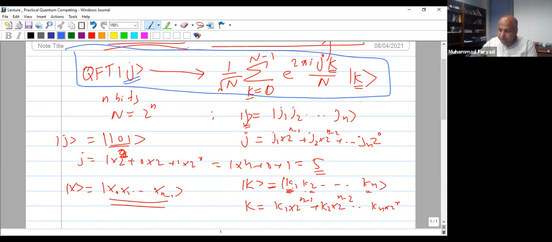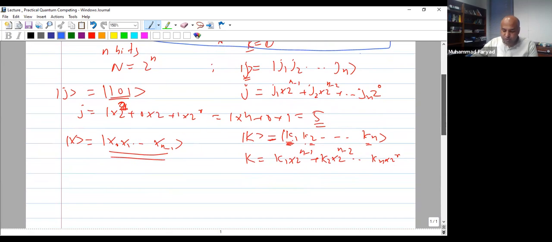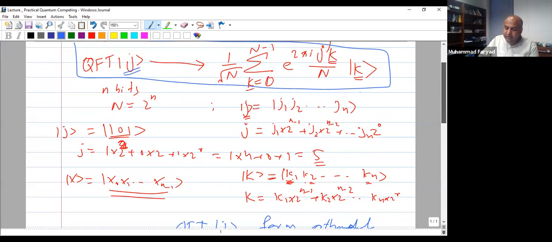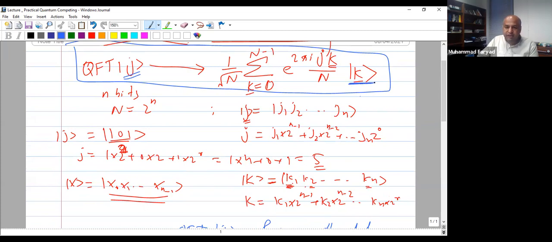Okay, I'm not going to prove it, but it can be an exercise for those of you who have a physics or maths background, that you can show that these QFT j's form an orthonormal basis set. Just as we can represent any n-bit state using a superposition of k's, we can represent that n-bit state using a superposition of these QFT j's as well.